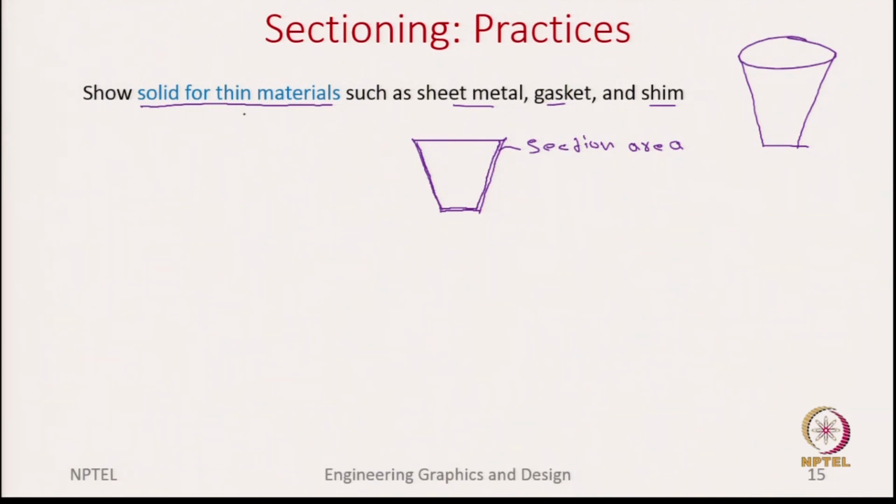So, for that reason what we are saying is we can go ahead and do the solid, which means you can just fill it with solid color. Okay. But please note, this is only for thin materials, not for regular objects.